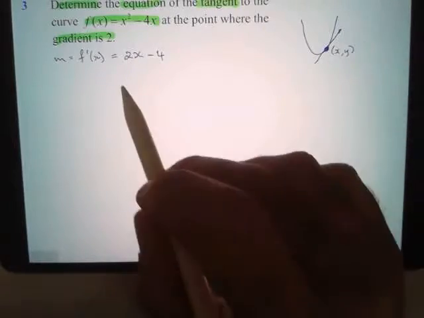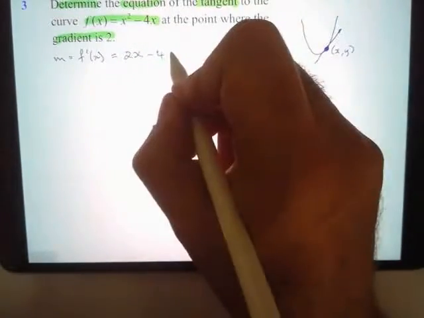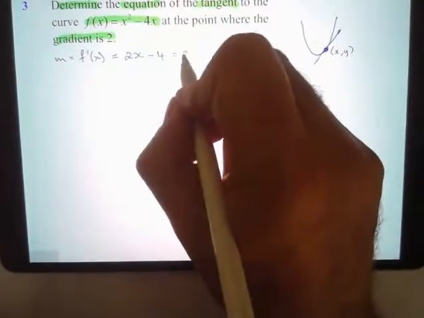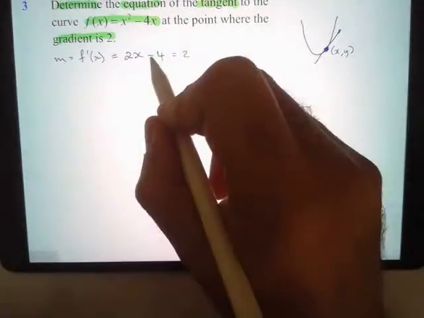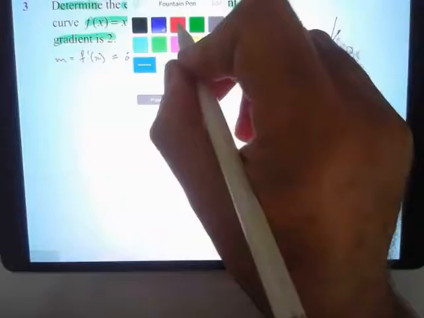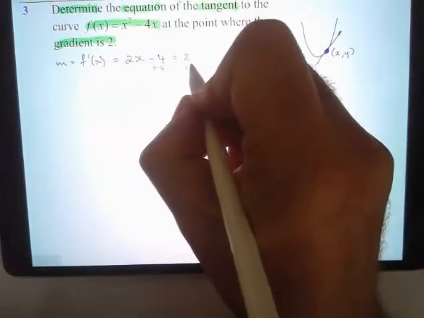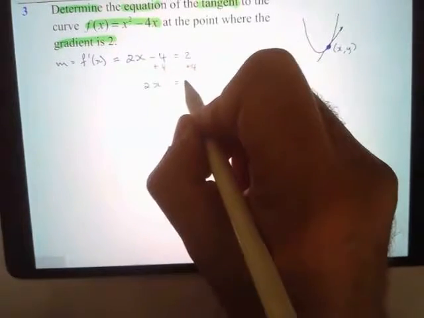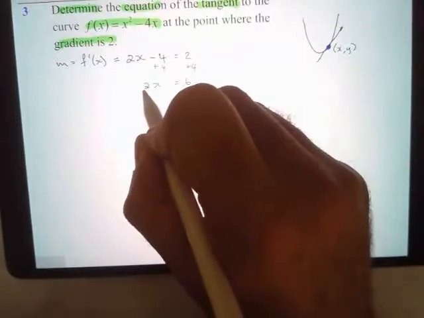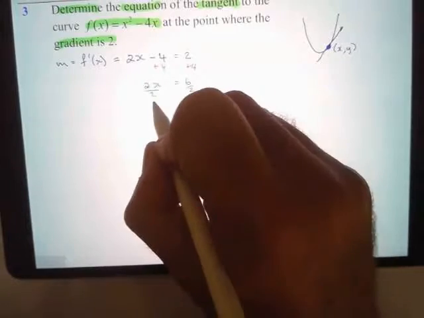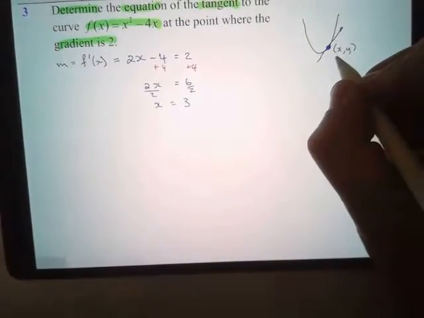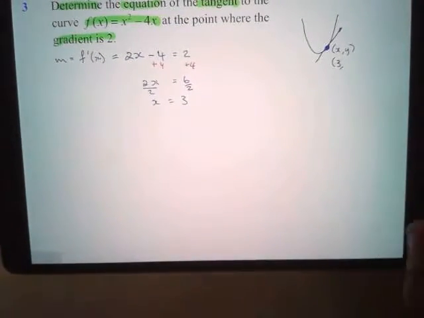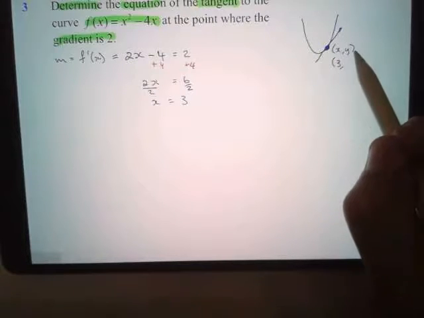So when the gradient is 2, then 2x minus 4 must equal 2. Negative 4 goes over, so in other words I go plus 4, and that gives us 2x equals 2 plus 4 is 6. I divide both sides by 2, so x equals 3. So I know that that x value is 3. What I want to know now is, if x is 3, what is y?